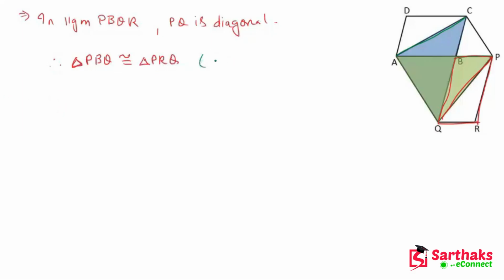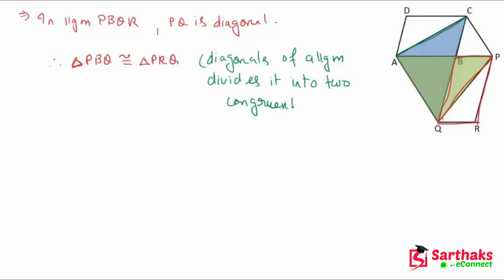Again the reason is the same: diagonals of a parallelogram divide it into two congruent triangles. So area of triangle PBQ is equal to area of triangle PRQ.